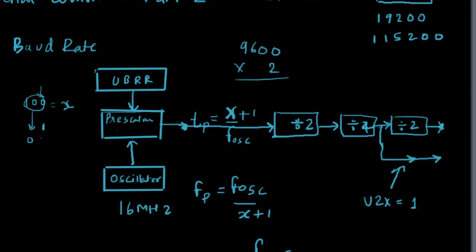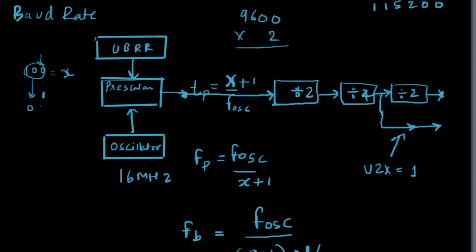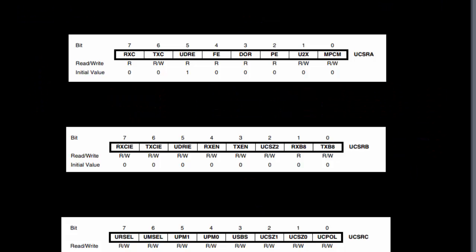Now let us go ahead and look at the registers once, and then we'll write a small code to transmit a single character. The first register is UCSRA, and if you remember, this register is just for monitoring, in order to know whether a character is transmitted or not.